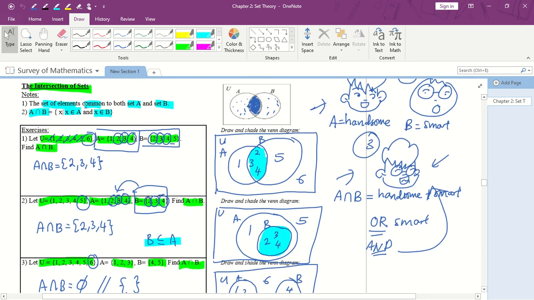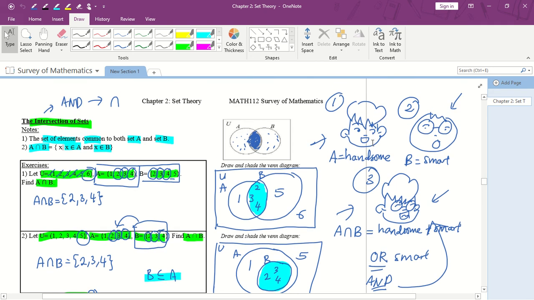And the intersection of sets means that when A and B intersect, it is the region that both of them are in. I gave an example of the handsome and smart guy. If you want a guy that is handsome and smart, you only have one option here.